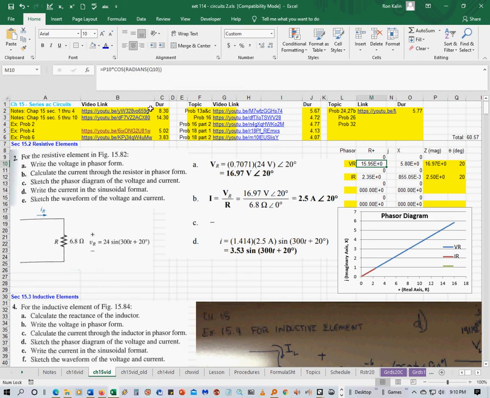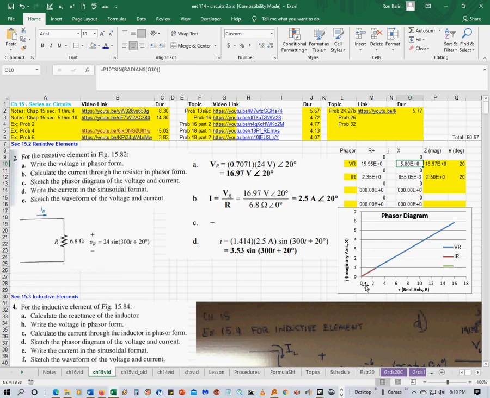calculate the 20 into radians to get it to work in Excel, because Excel only does it in radians. But on your calculator, you should be able to set your calculator to degrees and just punch in 20. You're going to get 15.95, and then the X component, which is the vertical component, is going to be 16.97 times sine of 20 degrees, which is 5.8.